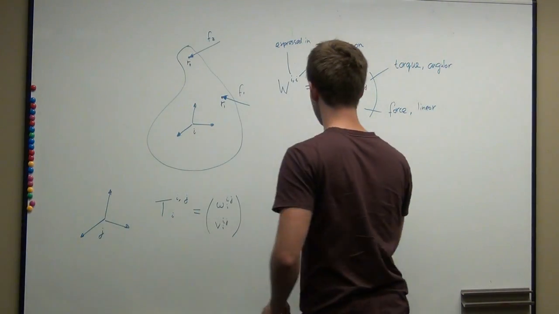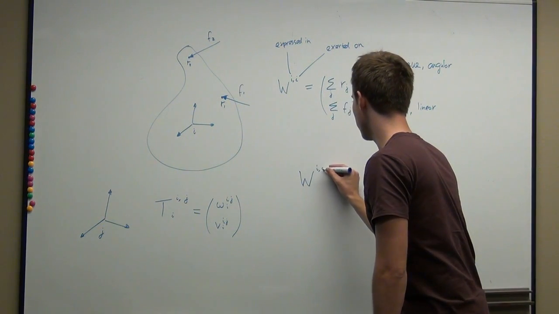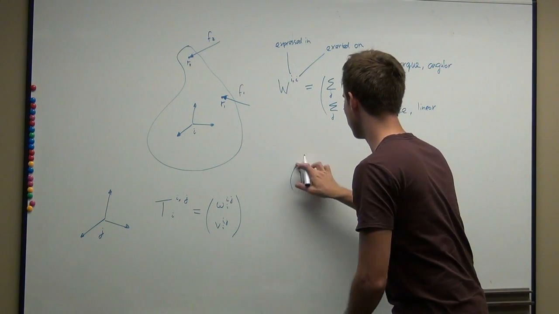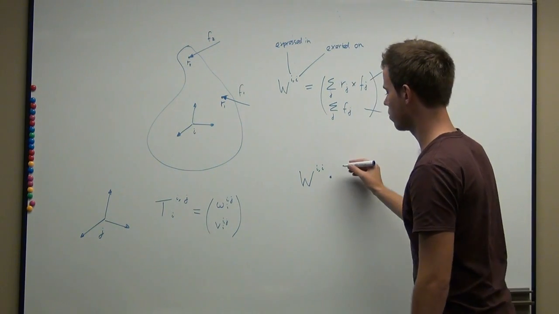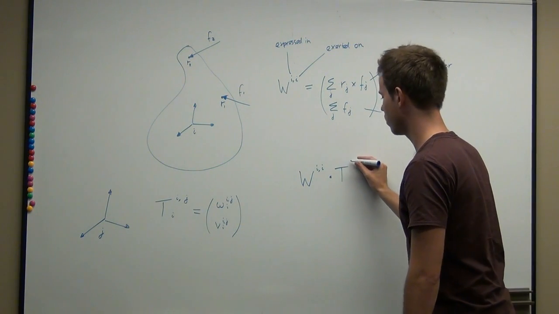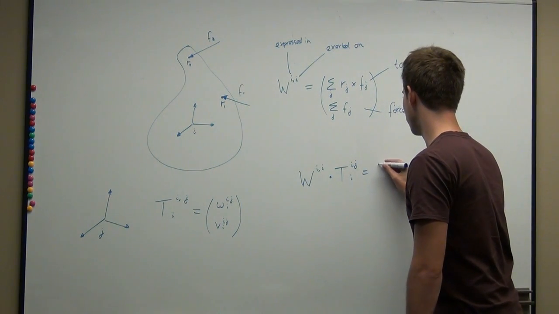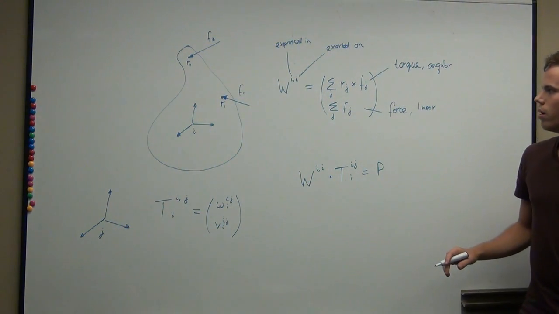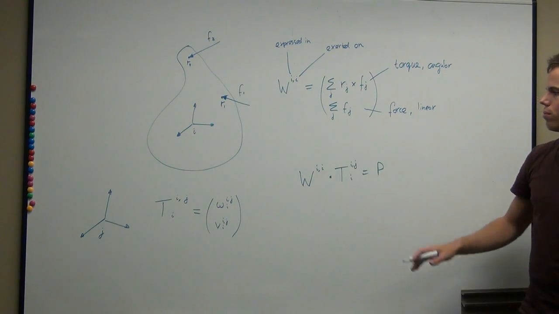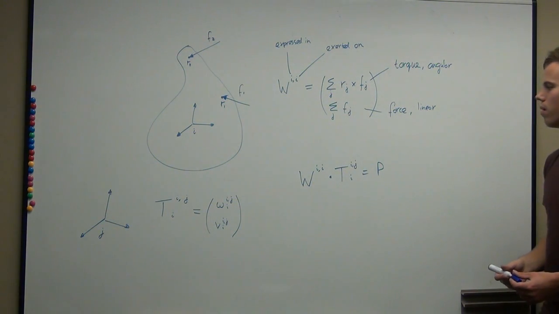So we have W I, well, let's just first do the dot product, dot T I J I. These J's are different J's than the ones in the sum. Maybe I should have made that clearer, but I think it's clear.